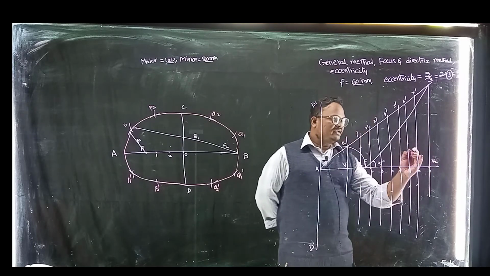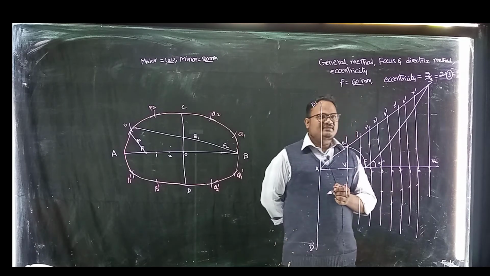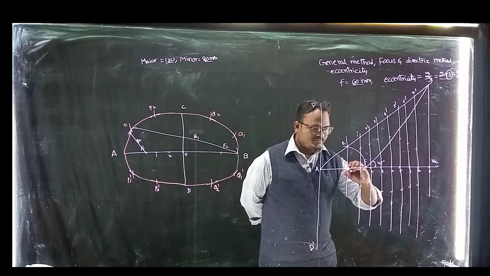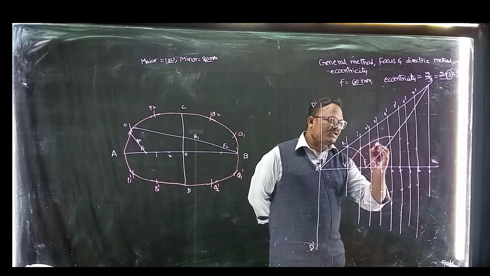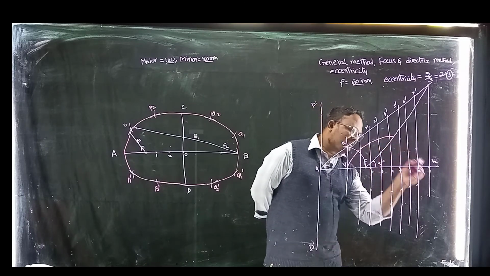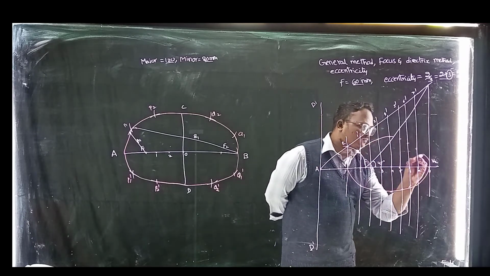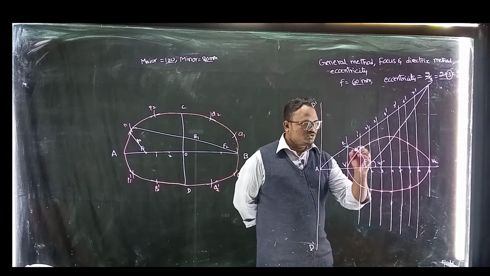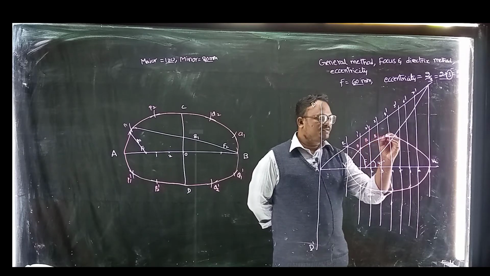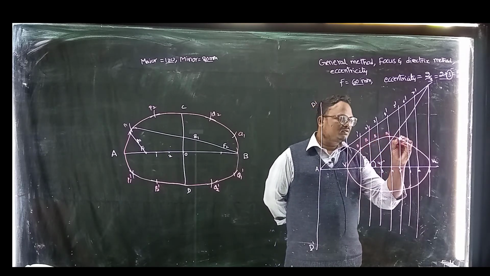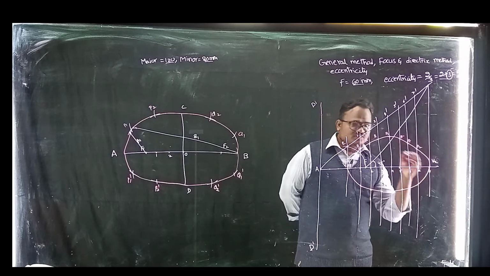Finally, by joining all the points, you will get a shape, that is an ellipse. From here it gradually increases and gradually decreases like this. This is P1, P2, P3, P4, P5, P6, P7, and that is P8.